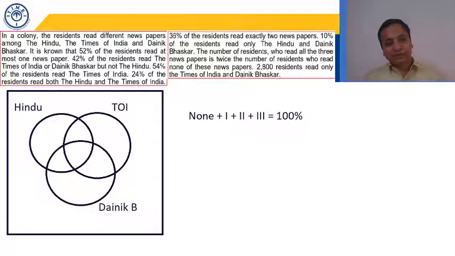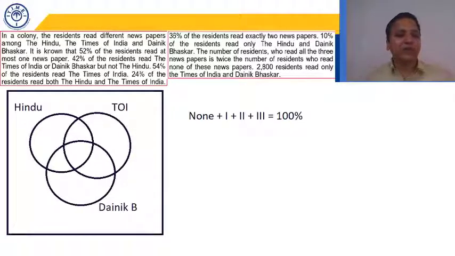Just look, I'm reading the instructions. In a colony, the residents read different newspapers. Three different newspapers come: The Hindu, the Times of India, which I write as TOI, and Dainik Bhaskar, Dainik B. The Hindu is written only as Hindu, it's okay. Just the representation we are using.